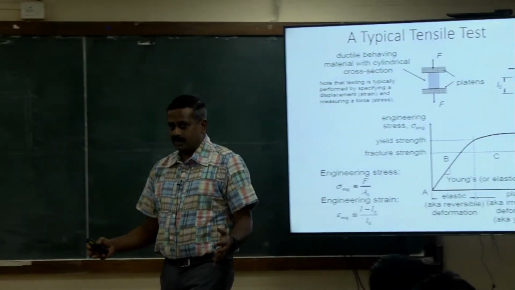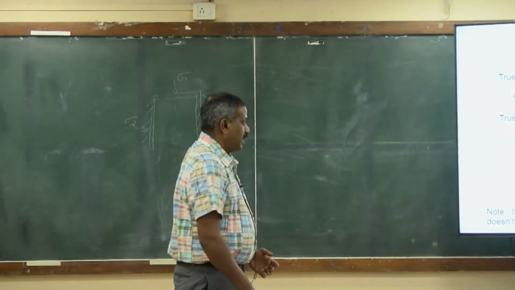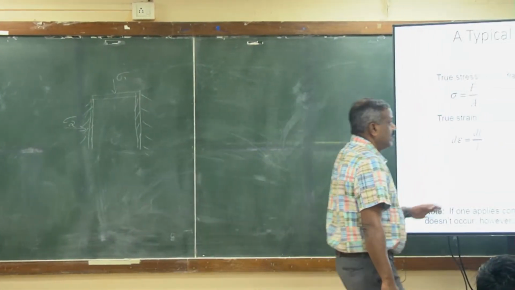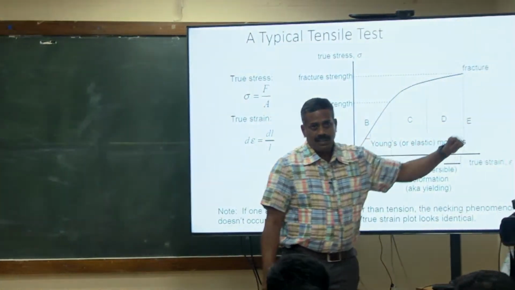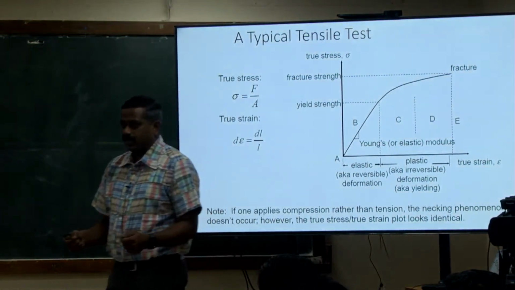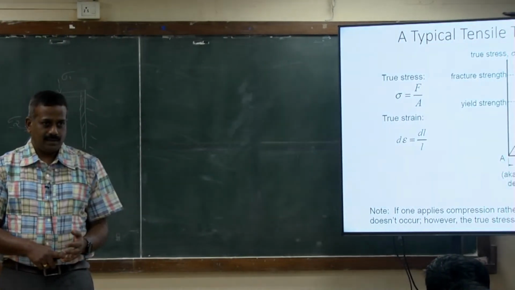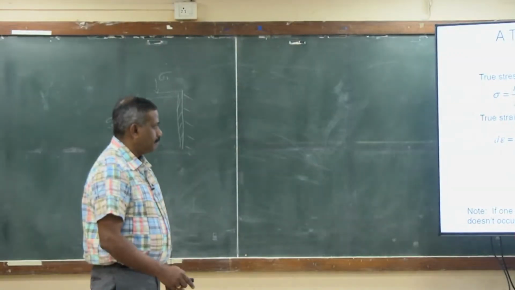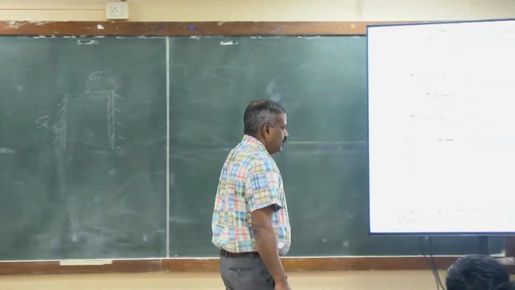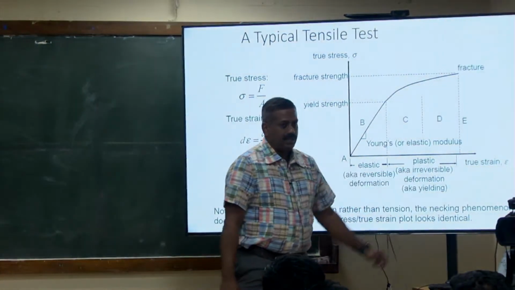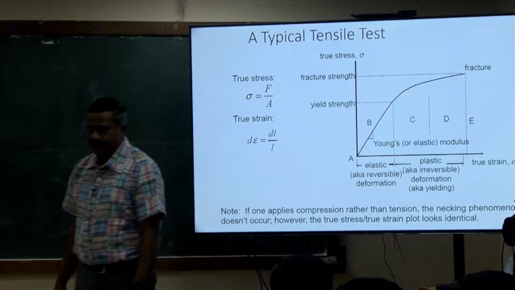It just breaks, okay? It goes through plastic deformation, and finally it fractures, okay? So those two different types of tests, compression and tensile testing, will be a little different, okay? But still it goes through some elastic deformation, plastic deformation, etc. Okay.